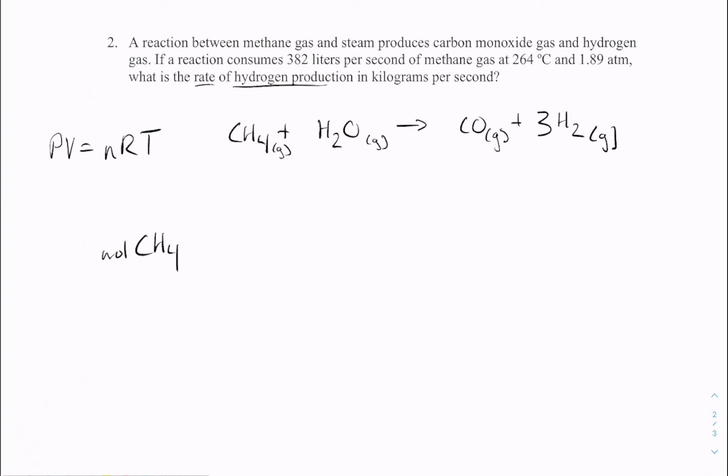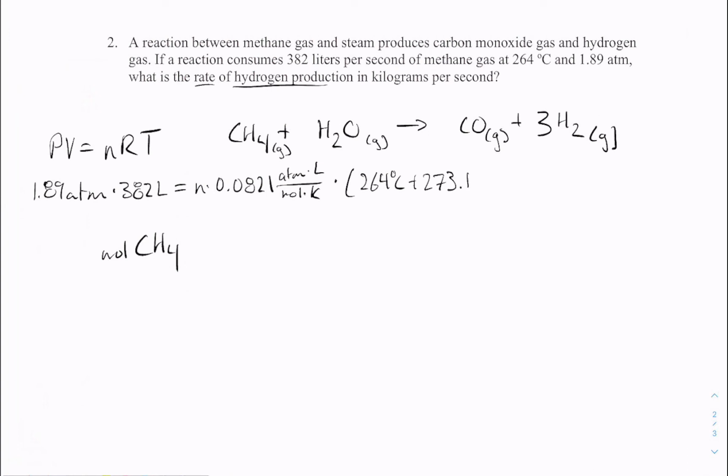So we can plug in our pressure, 1.89. We'll convert Celsius to Kelvin. Solving for moles, R is 0.0821 atmosphere liter per mole Kelvin, times our temperature, 264 degrees C. Just to work this out beforehand.